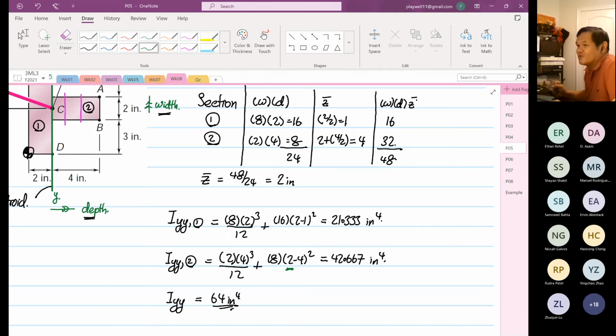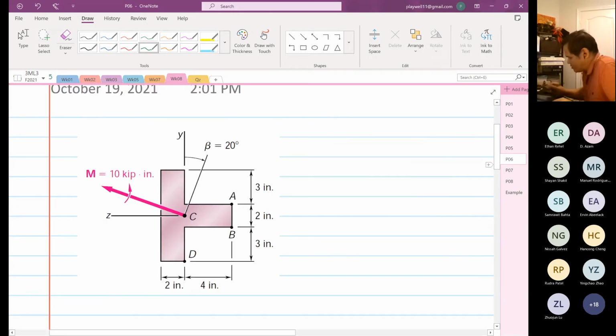My answer is still the same as yours. Can you do it again? All right, sure. 2 times 4 power 3 divided by 12 plus 8 times 2 minus 4 squared is equal to 42.667. Oh yeah, I got the same one. Sorry, because I used 1. That's where I got it wrong. Always rushing. That's me.